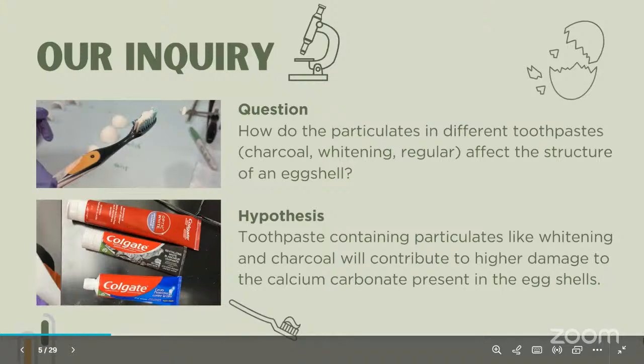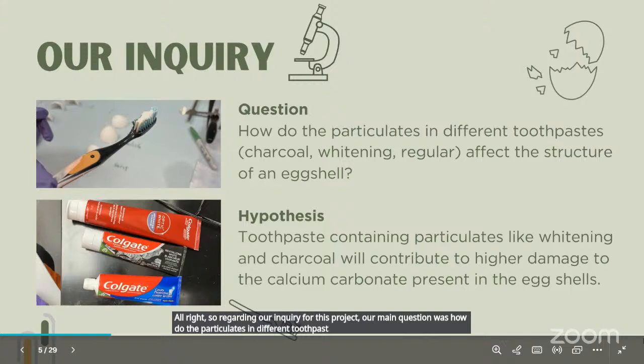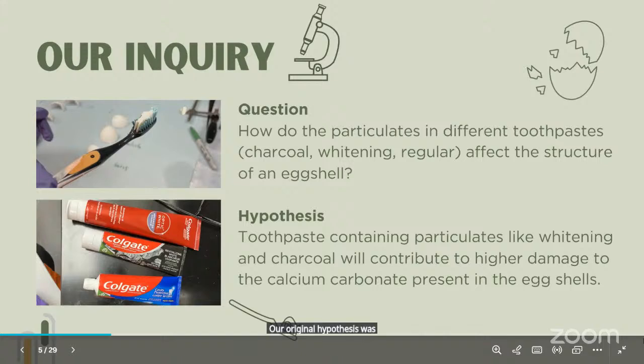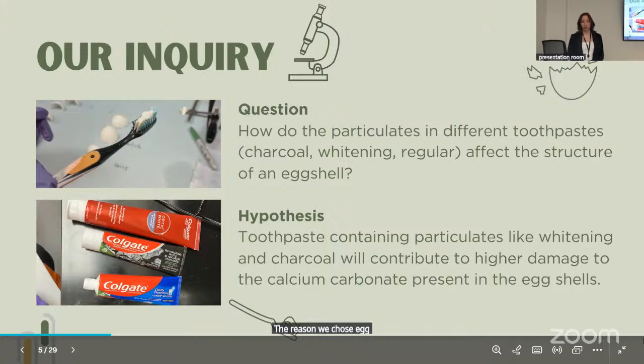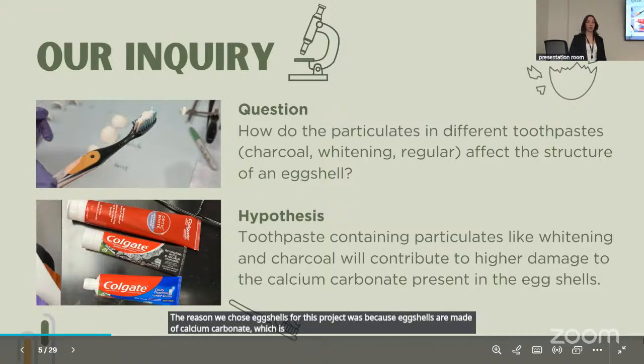All right, so regarding our inquiry for this project, our main question was, how do the particulates in different toothpastes affect the structure of an eggshell? Our original hypothesis was that toothpaste with particulates will cause more damage to the surface of an eggshell. The reason we chose eggshells for this project was because eggshells are made of calcium carbonate, which is similar to tooth enamel and the makeup of a tooth.